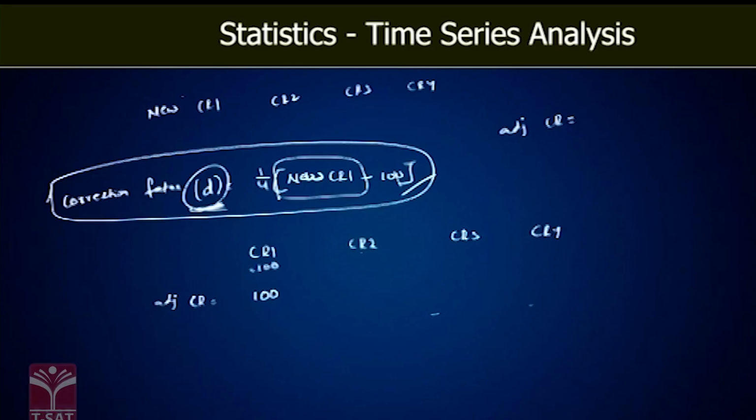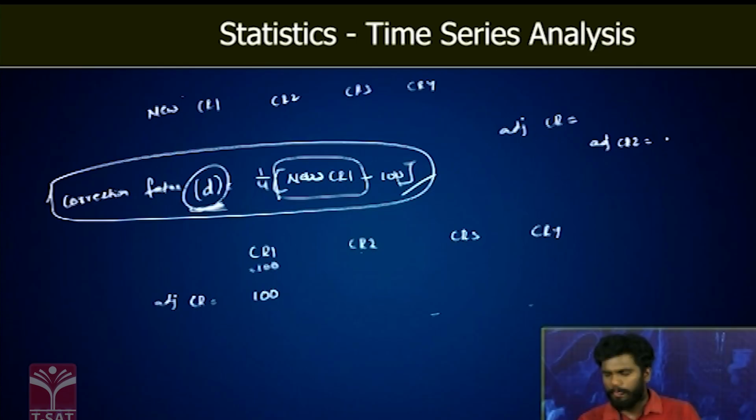Now the adjusted CR value will be: the adjusted chain relative for Q2 is equal to the original chain relative for Q2 minus D. Now the adjusted chain relative for Q3 will be given as the chain relative for Q3 which we have found minus 2D.